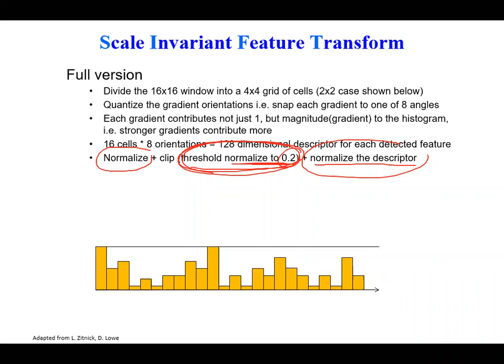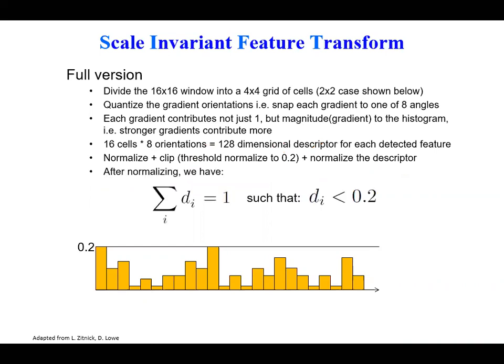So the left will have normalized magnitudes equal to 1, and the right normalized magnitude will be equal to 1. So when later on I do the feature matching, as we will describe later today, the results will be a little bit more correct than if it wasn't normalized. So if I have the clipping at 0.2, then each of these will be less than 0.2, and when I am doing the normalization, the sum of all of these will be equal to 1.